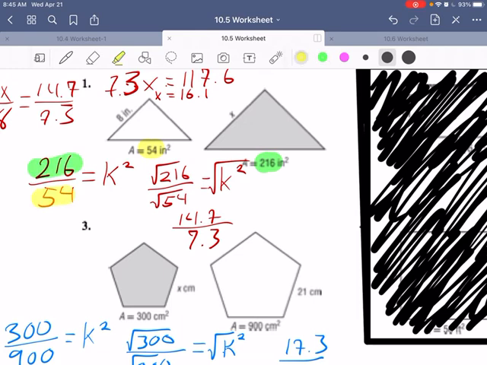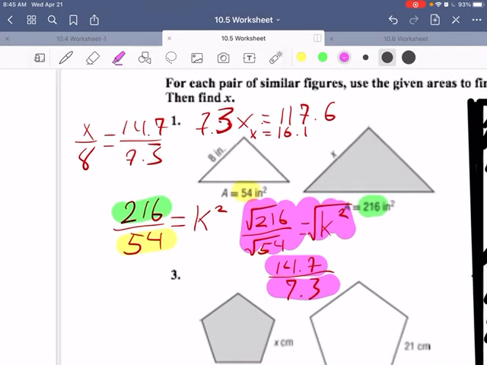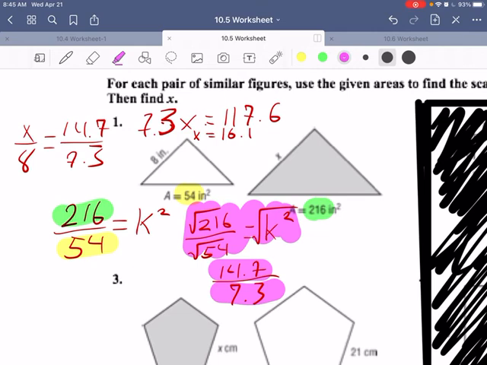We do the square root of both sides, so you can see that right here in this step, square root of both sides, and we get k equals 14.7 over 7.3. We take that and we put it equal to x over 8 equals 14 over 7.3. We end up with x equals 6.1.